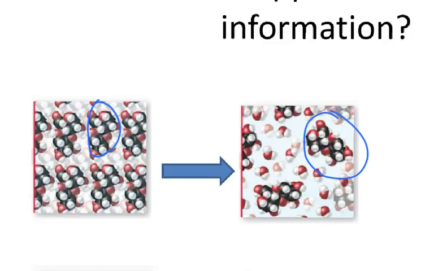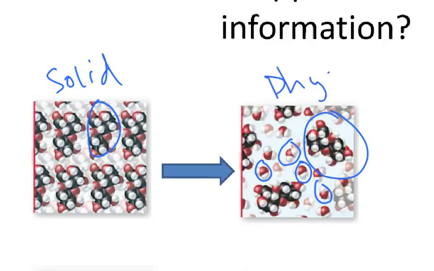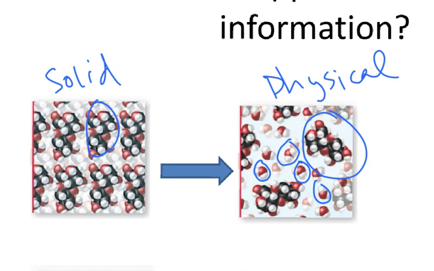On the left, this is depicting something that's a solid. Here on the right, you have that same material that's a solid, that same compound, but now you have some water molecules around. So this is depicting dissolving. Dissolving results not in a chemical change, but in a physical change. So let's look at the next example.